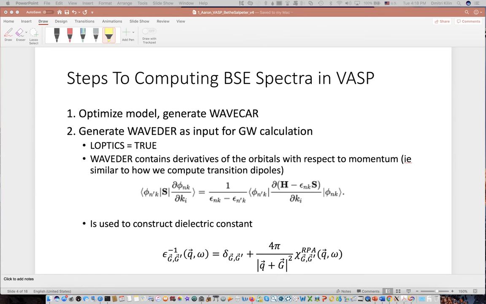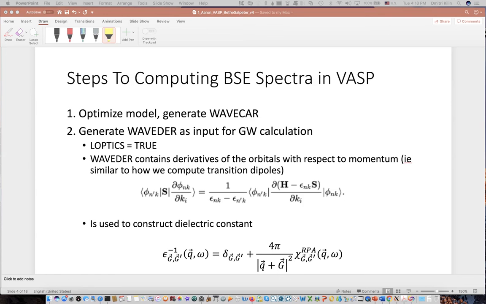So we are making a derivative over time. And here it looks like a derivative over momentum, if K stands for momentum.